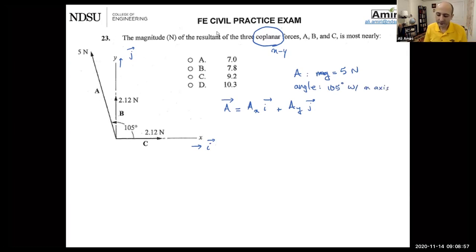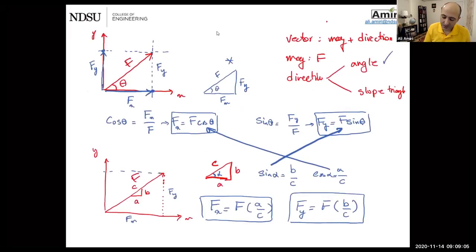Okay, so let's quickly cheat here a little bit. Let's check back on this one. Fx is F cosine of that angle. The angle was with the positive x-axis. So Fx is F cosine theta.